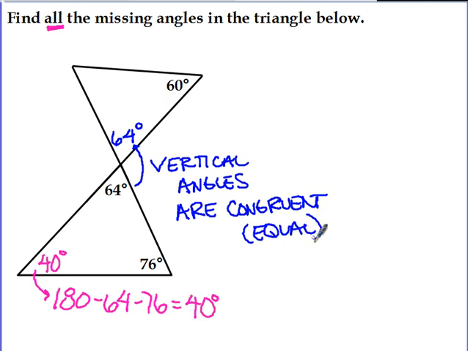So that means if this one is 64, then across from it that one is also 64. They are the same. And then to find my last angle here, now I can subtract 60 and 64. And that's going to give me 56 for my last angle up there. Okay? So remember, vertical angles, if you have two lines that cross like this, then angles across from each other, they will be equal.